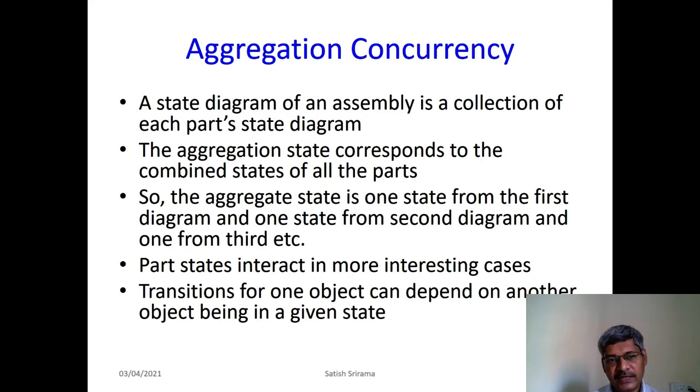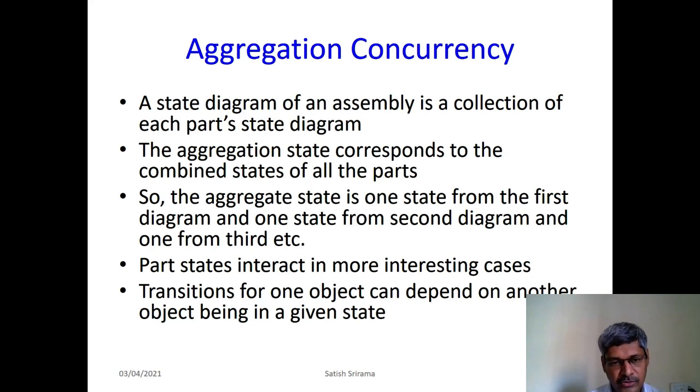The first type of concurrency we can easily see is aggregation concurrency, the state diagram of an assembly. We have already seen what an aggregation is: an assembly class which has parts. A state diagram of an assembly is a collection of each part's state diagram.